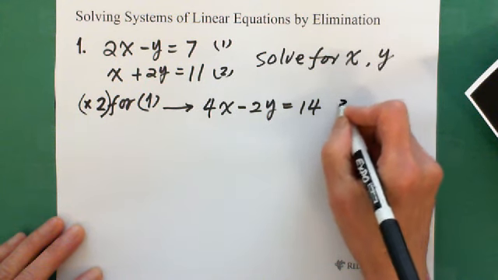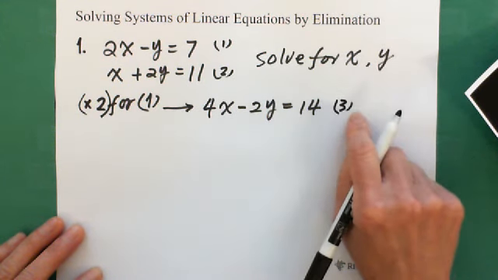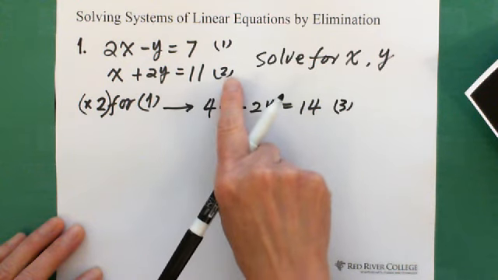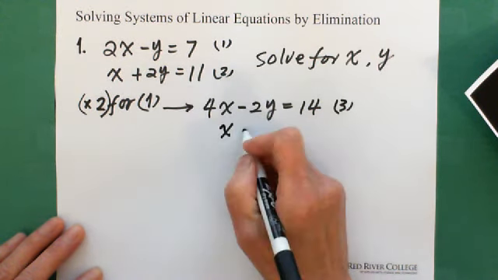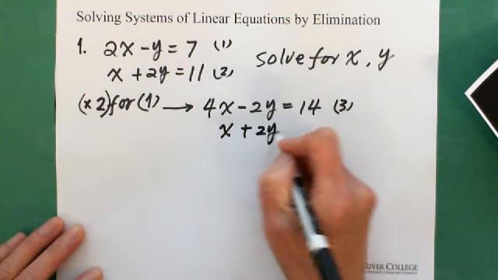So you get 4x minus 2y equals 14. We label this as the third equation. And then we copy the second equation on the bottom. This one doesn't change: x plus 2y equals 11.